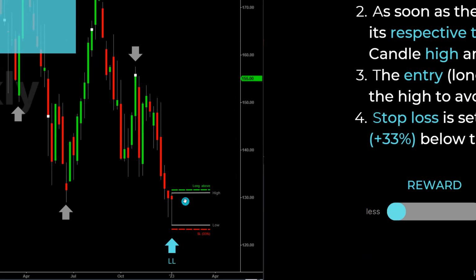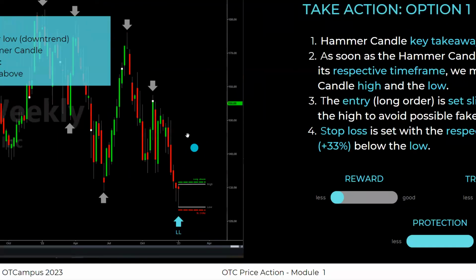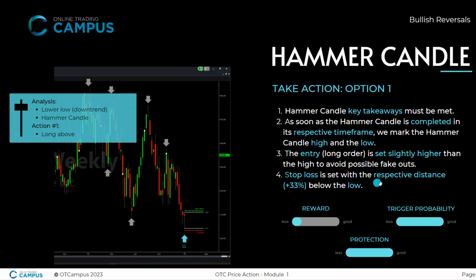We have already set our order above the highs, and if we open next week on Monday and move higher than the high, then we are filled. That means we have a 100% probability to be filled. Or not, maybe 99. You will see, maybe for stocks, for example, you get a huge gap up, then you're not filled, or filled very badly. But yeah, 99% trigger probability.